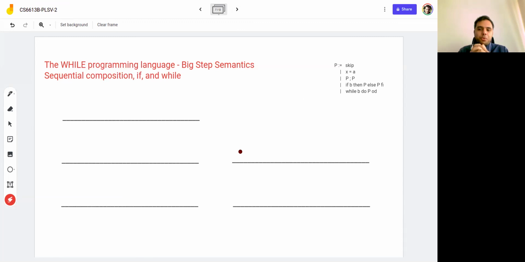So can you write rules for big step semantics of sequential composition? So when can I say that, for example, P;Q over val, I need to copy that value, goes to, let's say, val prime?